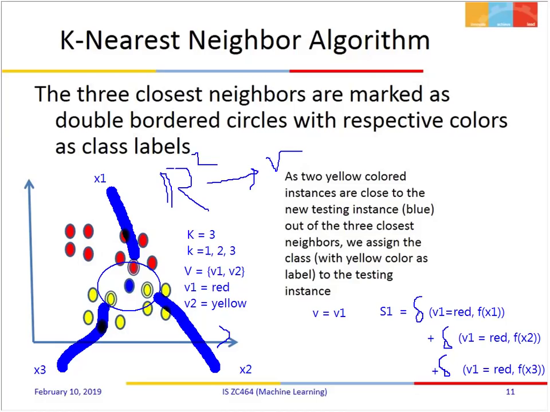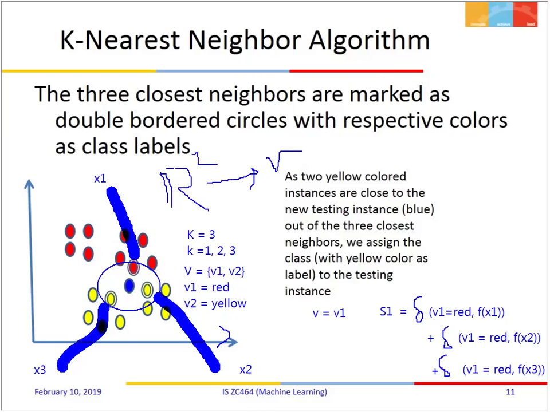So f of x1 is nothing but its class label. And what is this label? It is nothing but red. What is f of x2? F of x2 is nothing but the yellow class label, right? And f of x3 is nothing but yellow class label.